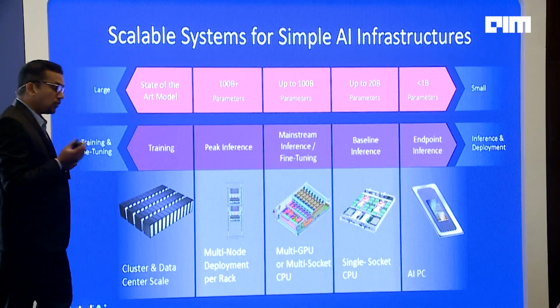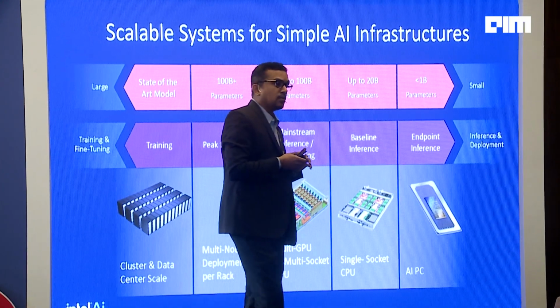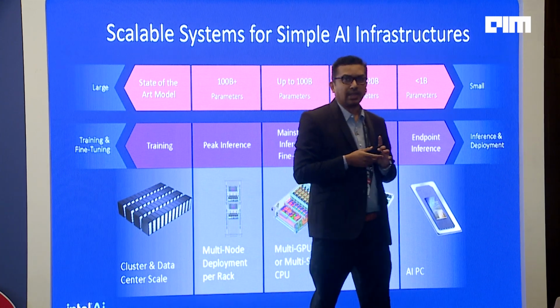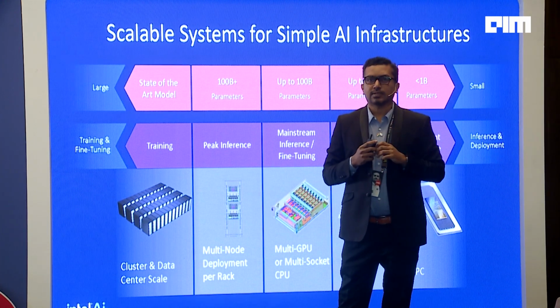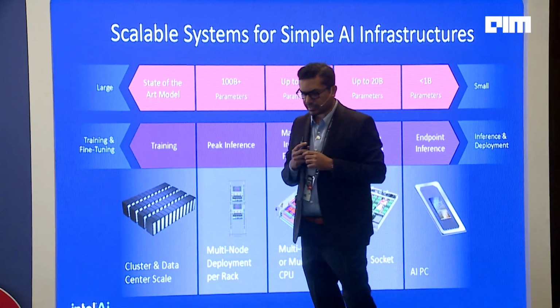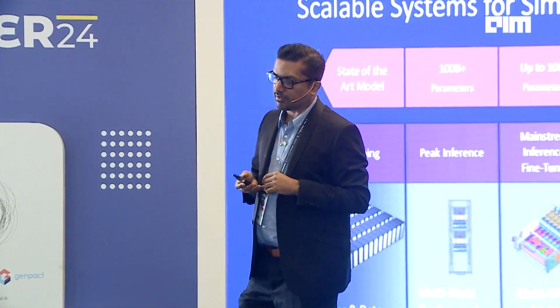And if you want to train your own model from scratch, let's say most of these models are English-language based and we want to build an Indian-specific language model, then you probably need data-center-scale compute to do this training. Any questions so far?